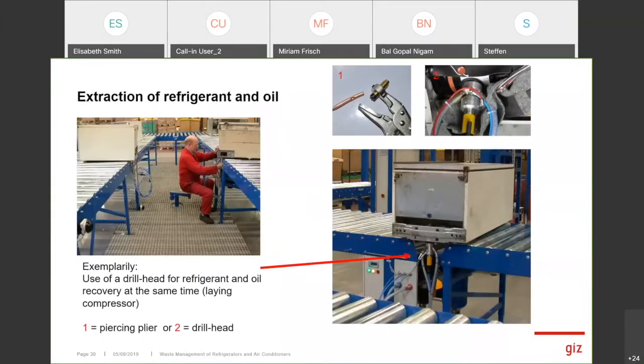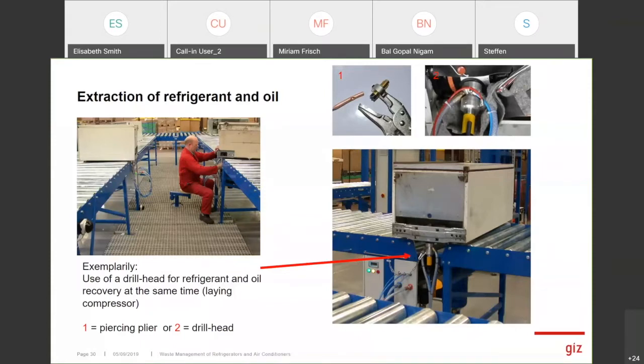The next slide is a presentation of extraction of refrigerant and oil machine in more industrial scale. It can be operated by tools like piercing, but it can be also operated by so-called drill head.